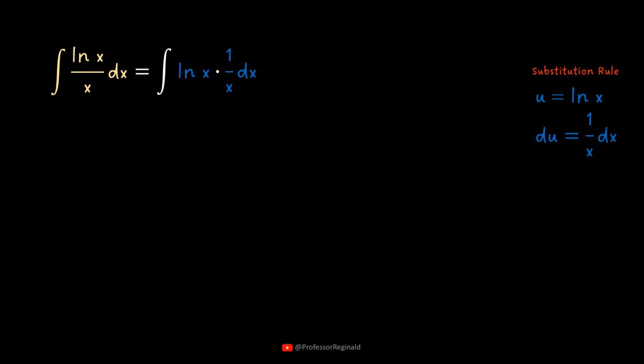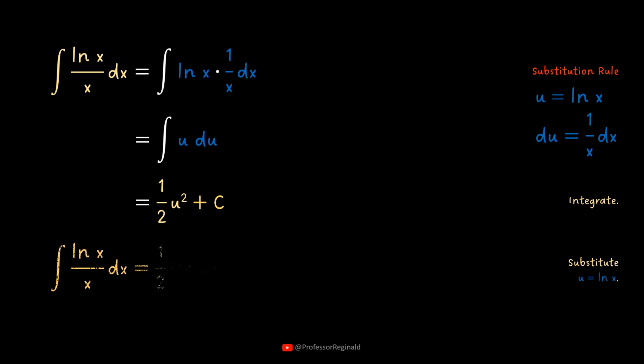Then replace the integrand using the substitution rule we just formulated. Integrate using the general power rule. And substitute u equals the natural logarithm of x. Therefore, the integral is 1/2 of the square of the natural logarithm of x plus c.